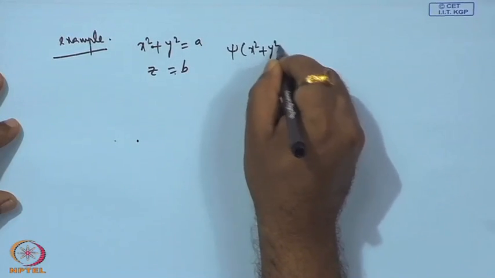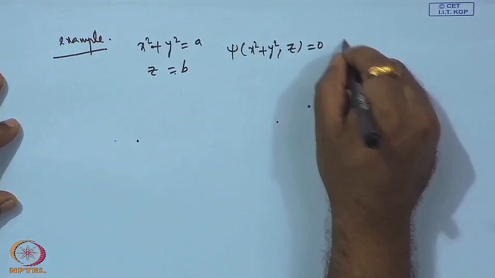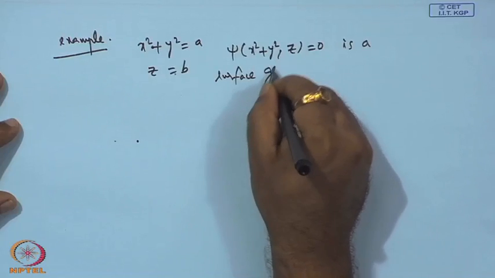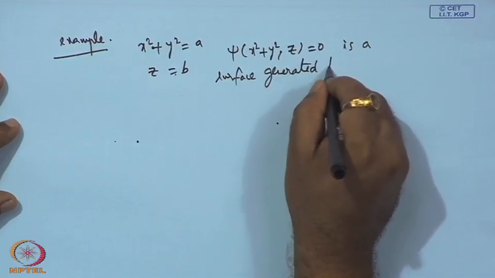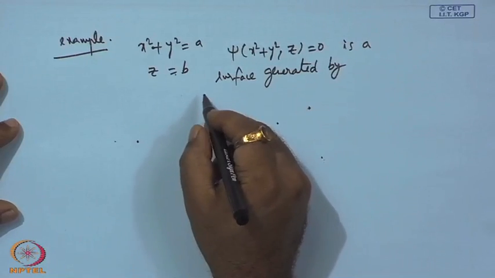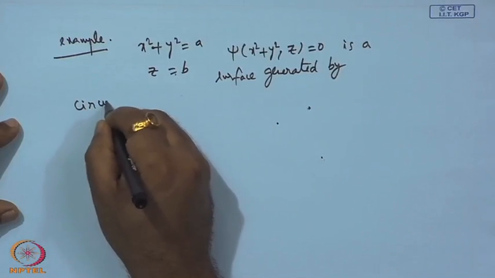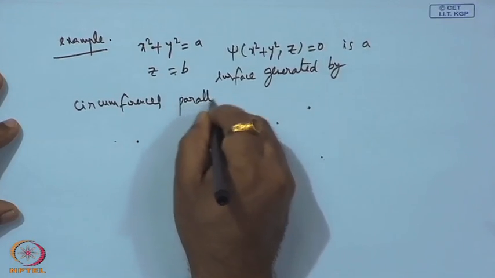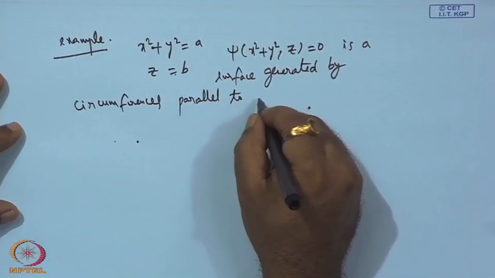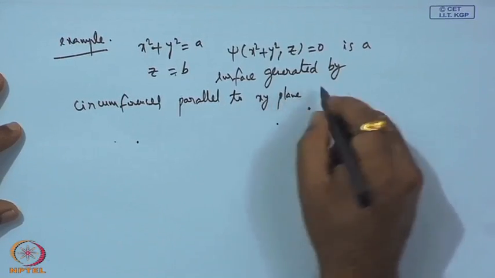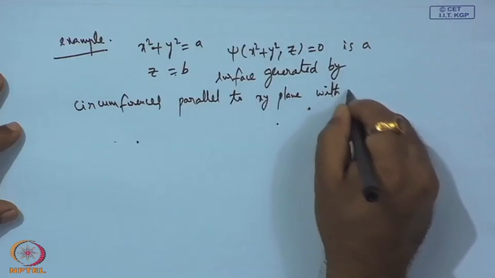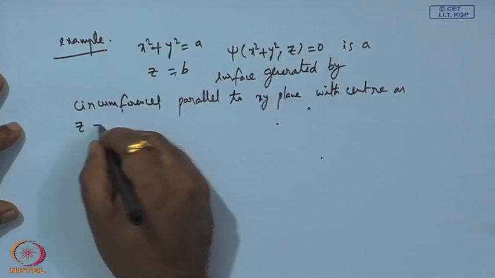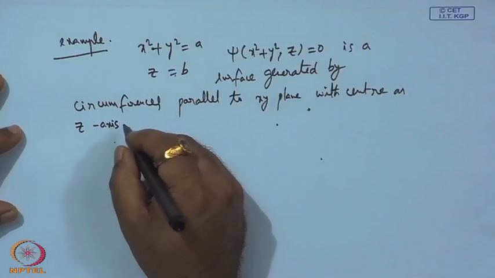Psi of x square plus y square, z equals to 0 is a surface generated by circumferences parallel to the xy plane with center on the z axis.